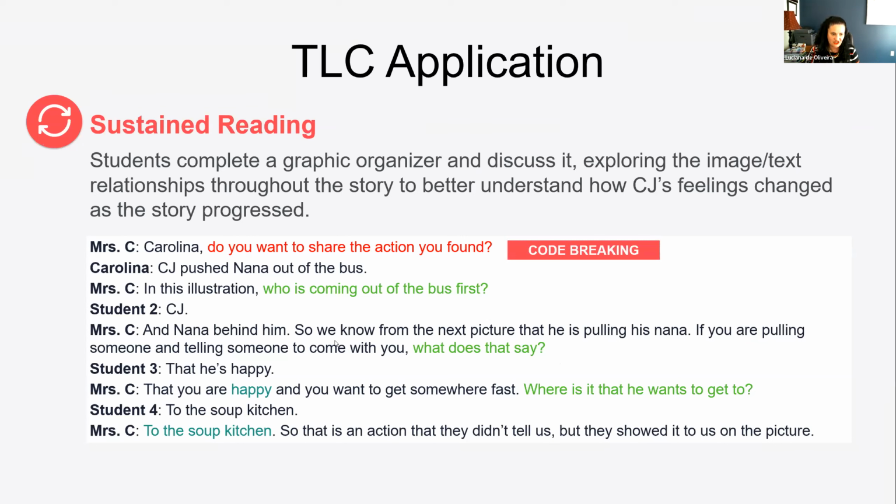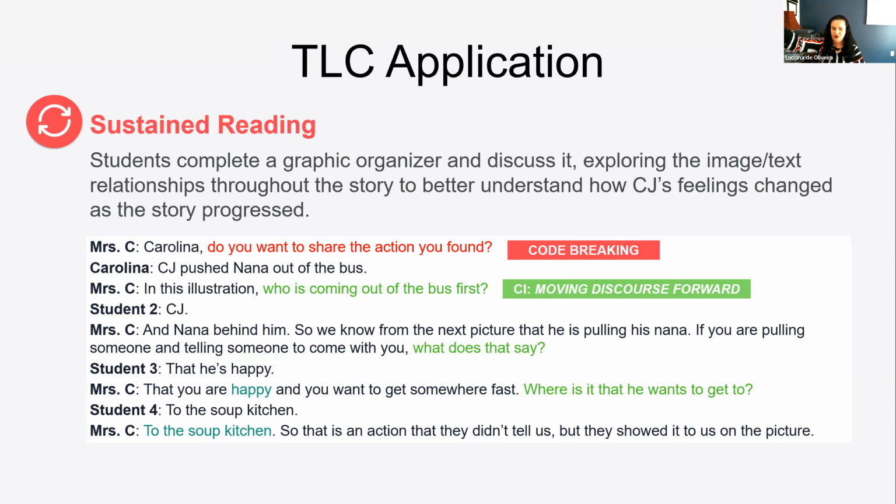So then, CJ pushed Nana out of the bus. Who is coming out of the bus first? So Ms. Cabana asked. So that's part of the C of classroom interactions and the interactional scaffolding move of moving the discourse forward. Because Ms. Cabana could have said, okay, so who else?